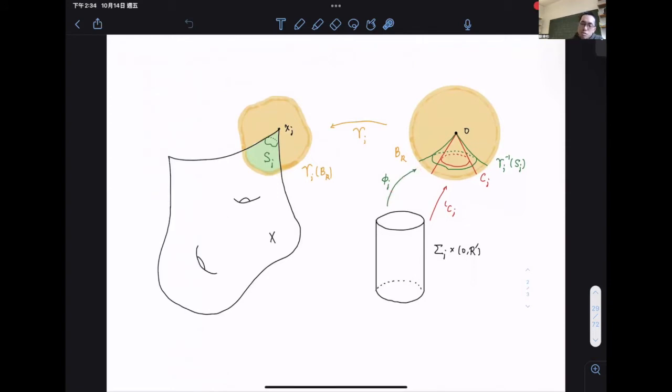And when you compare the image of phi j with the image of the cone, these two graphs have some nice decay condition.